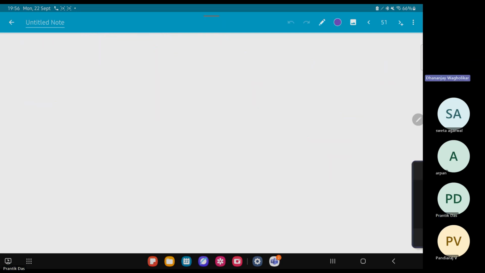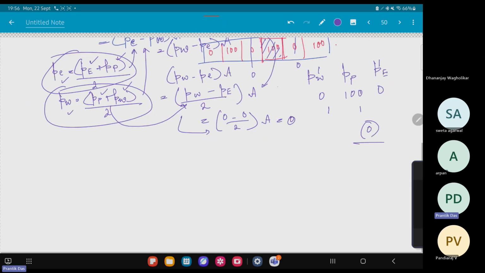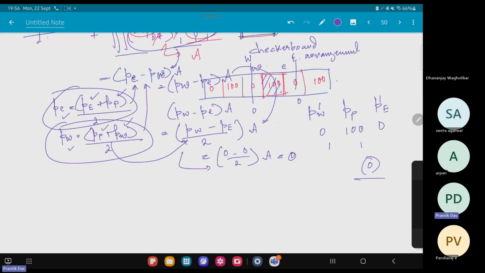Going to the next slide, we are going to solve it for the staggered kind of grid. If this is a staggered grid, then the equation reduces to P_P minus P_E multiplied by area, because now you are staggering the grid in the right hand side direction, and this one is the initial cell.